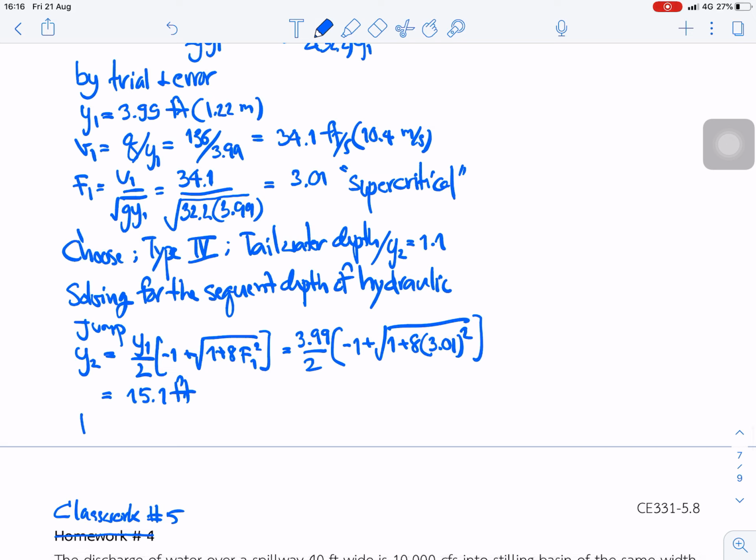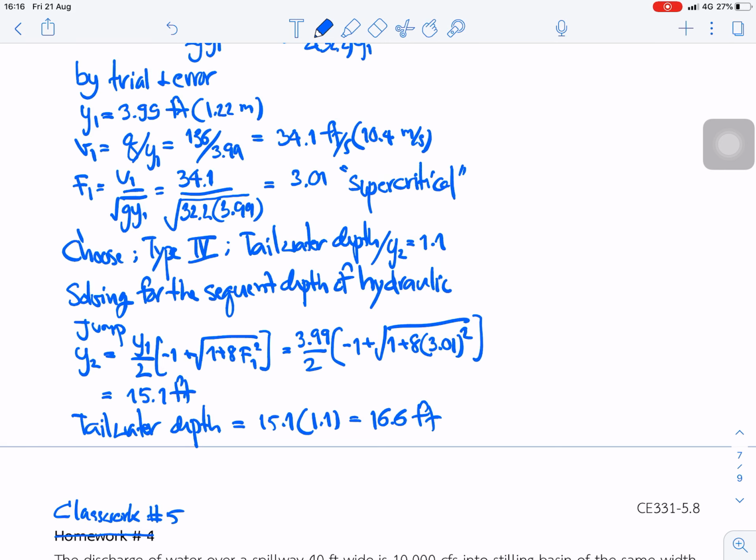In this case the tailwater depth is equal to 15.1 times 1.1, so we get 16.6 feet.